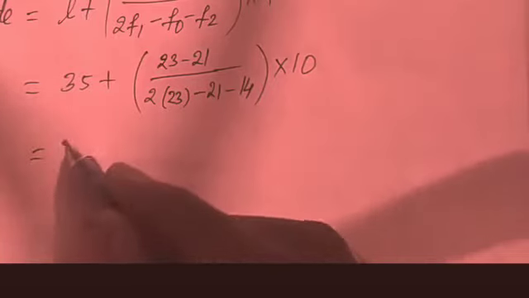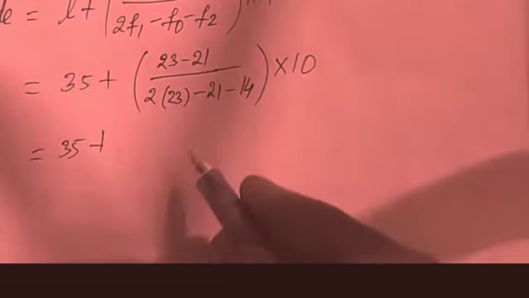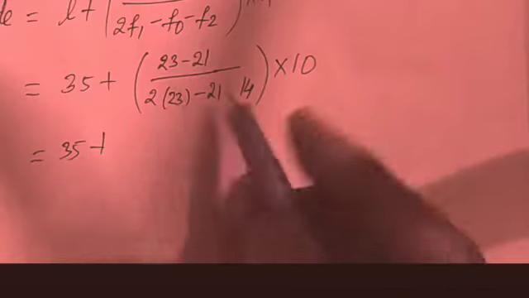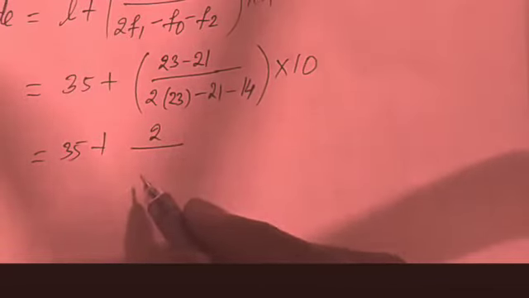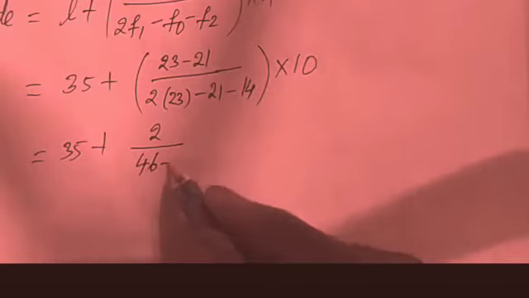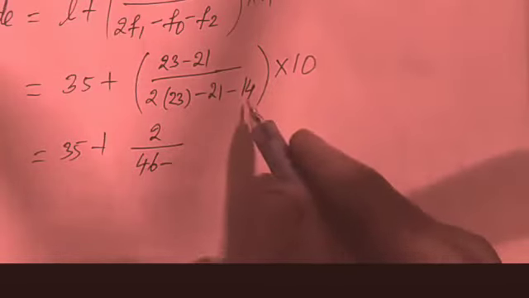Now on simplification, 35 plus, 2 10s are 20, 23 minus 21 is 2, by 46 minus 35.